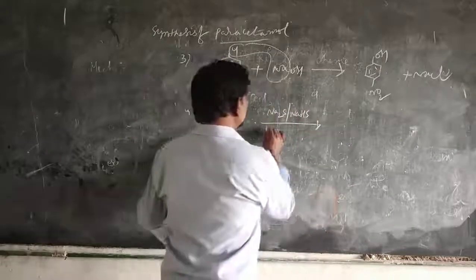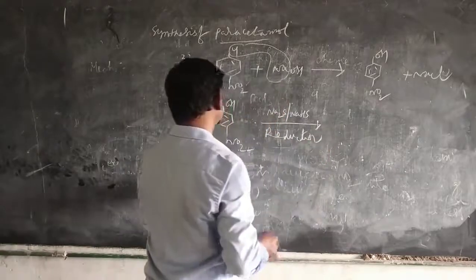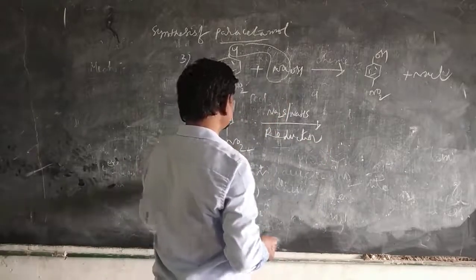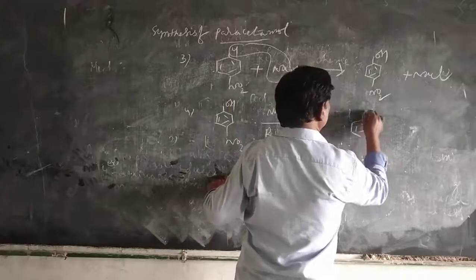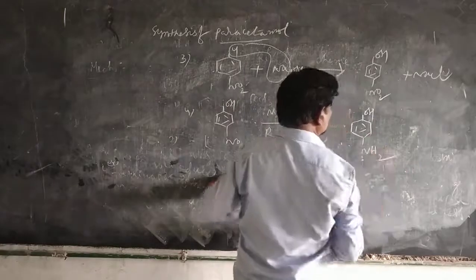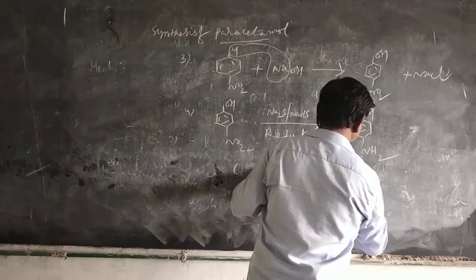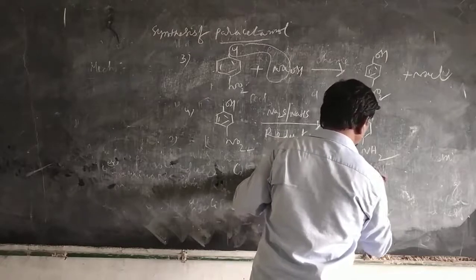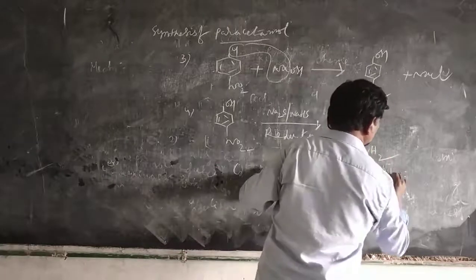NO2 is reduced to NH2. This is para-aminophenol, with the amino group at the para position.